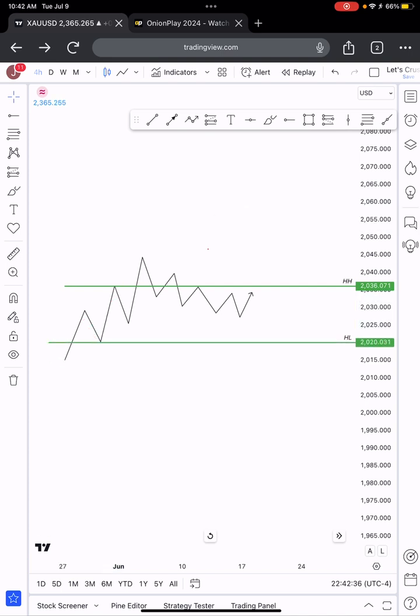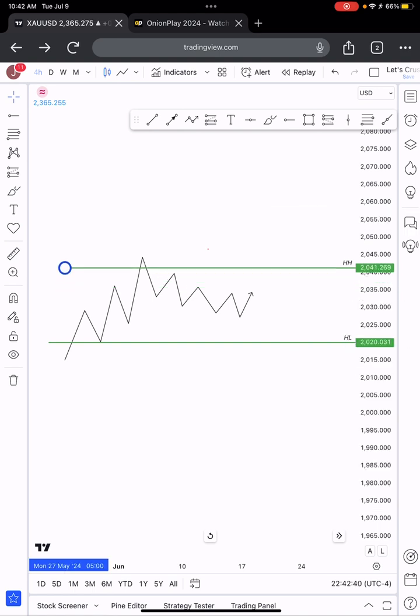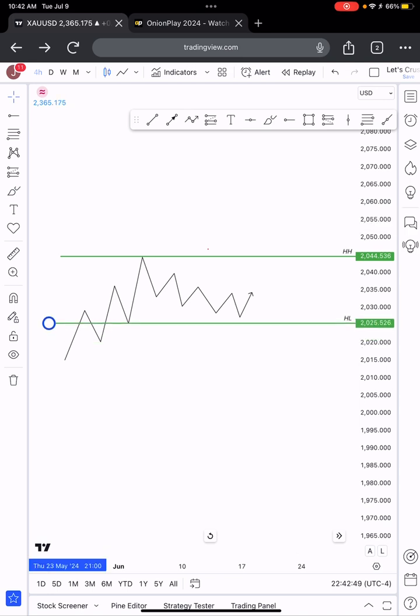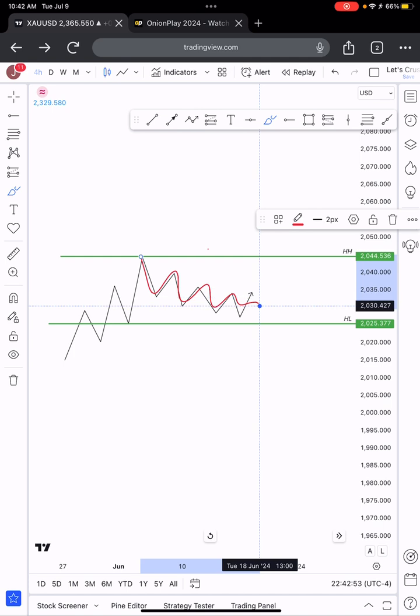And then now price has broken out of it again. So again, price would shift here. And then where would the next higher low go? It would go here. And then what is this here? Is it a lower high? Is it a lower low?